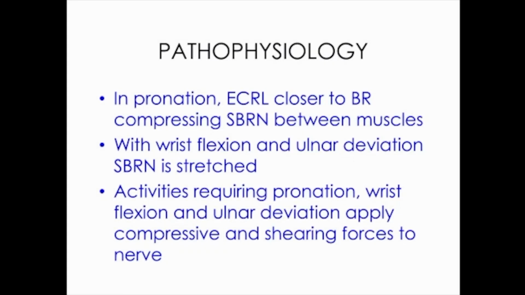In pronation, the ECRL moves closer to the brachioradialis, compressing the superficial branch of the radial nerve between the muscles. With wrist flexion and ulnar deviation, the nerve is stretched. So activities requiring pronation, wrist flexion, and ulnar deviation apply both a compressive and a shearing force to the nerve.